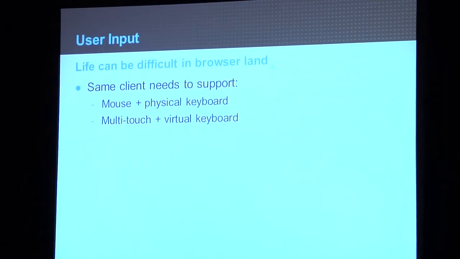When you have a browser-based client, it actually needs to support both. So the same client needs to have the logic or the know-how to work both with a mouse and a physical keyboard if they're there, and work with multi-touch and a virtual keyboard if it's accessed on a tablet. So it's like double the know-how in the same client, and that obviously adds complexity.